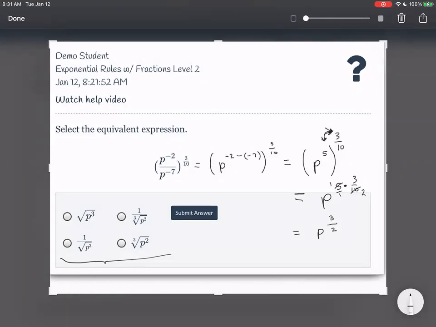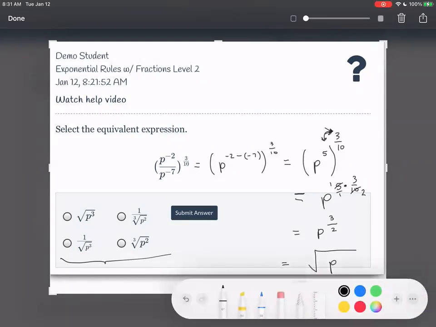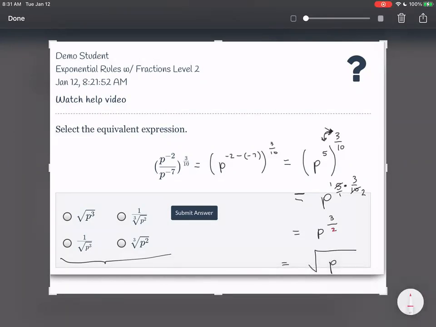So we're going to convert this to radical form. I'm going to write a radical. This p, the base, is just going to go inside the radical. And the number on the bottom, this 2, means it's a square root. So that's the radical portion.